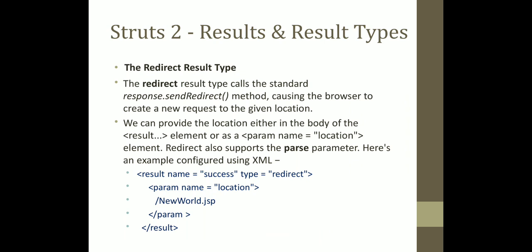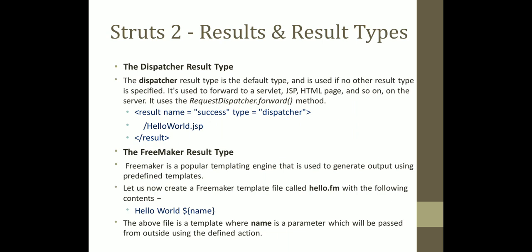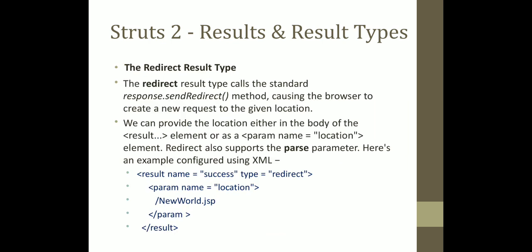And the third part is the redirect result type. Previously we have seen the dispatcher result type, second the FreeMarker. Then the redirect result type will call the standard response dot sendRedirect method that will cause the browser to create a new request to the given location.